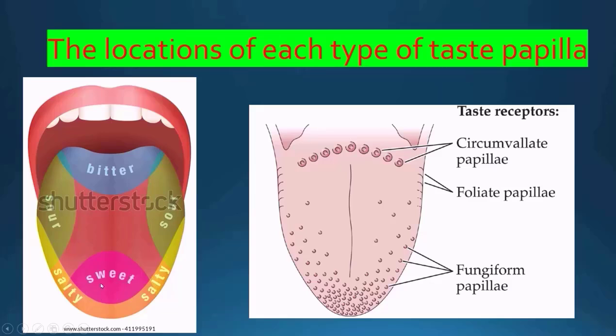On the side of the tip of the tongue, taste buds are for the salty taste, and at the upper quadrant on the side of the tongue, receptors are for the sour. In the posterior 1/3 on the surface of the tongue, receptors are present for the bitter taste. These are the different receptors.